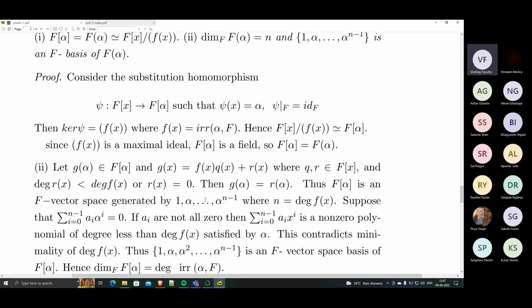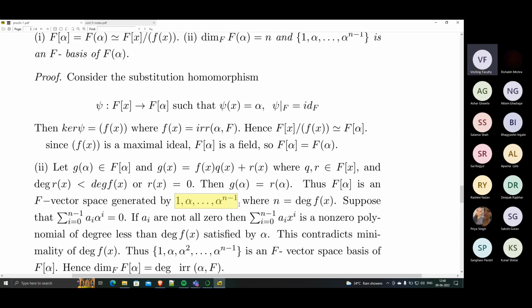So whenever it's a non-zero polynomial, its degree is at most n minus 1, because the degree of the minimal polynomial of alpha is n, right? So r(alpha) is in fact just an expression in these monomials 1, alpha, up to alpha raised to n minus 1. So every g(alpha) can be written as some r(alpha), and therefore F[alpha] is generated by 1, alpha, alpha squared, up to alpha raised to n minus 1 only. This much is enough. So this is a spanning set.